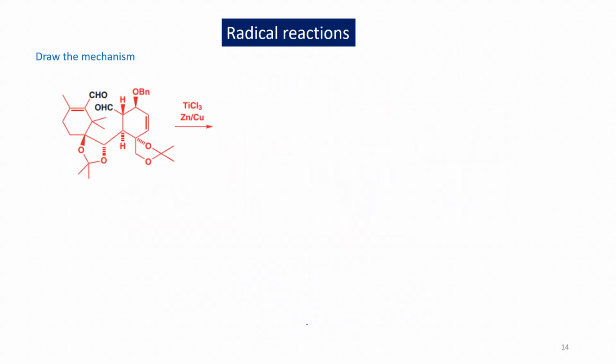Now one reaction is given, so you have to draw the mechanism. Whenever TiCl3 is given to an aldehyde, with titanium, zinc and copper, it forms a titanium radical. That radical will attack this carbonyl center and form an O radical.